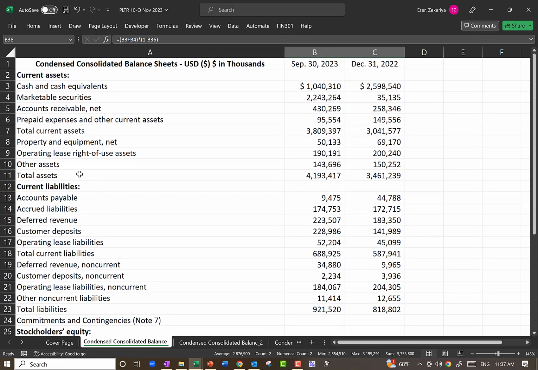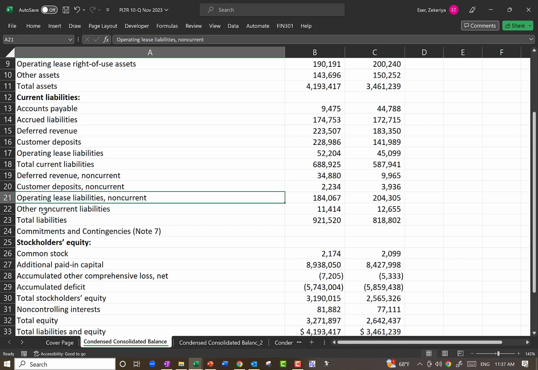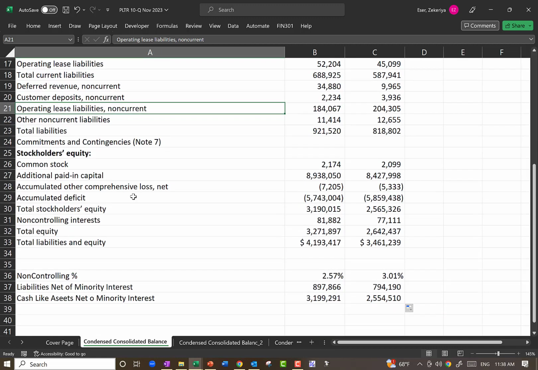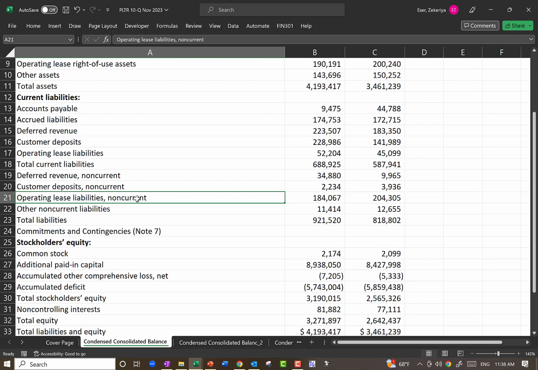And if you looked at these guys, they actually have almost no long-term debt to speak of. They have some operating lease liabilities, and not much debt. You guys know the difference between operating lease and capital lease?